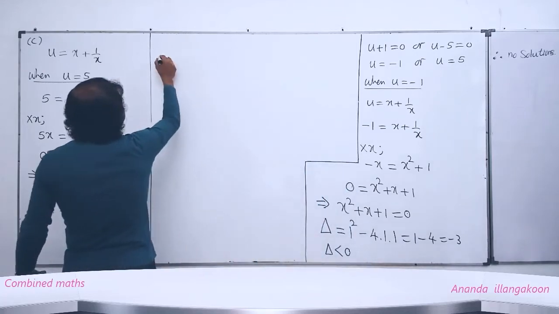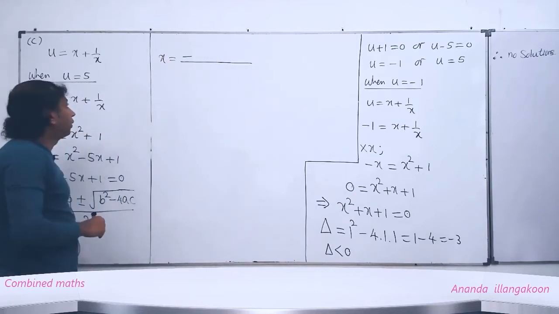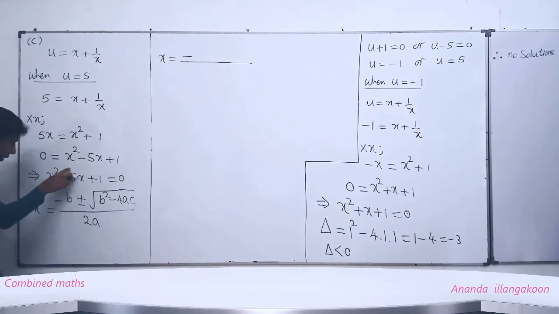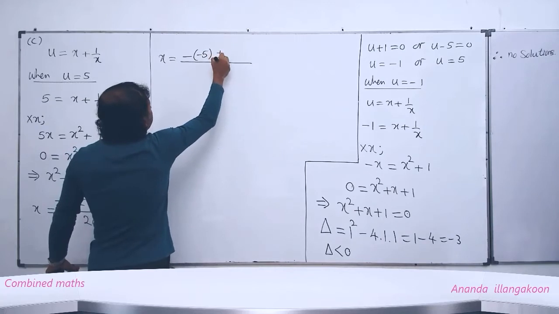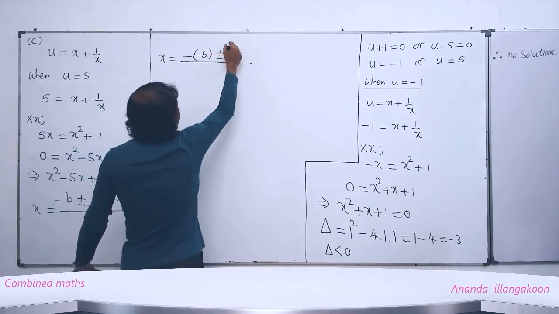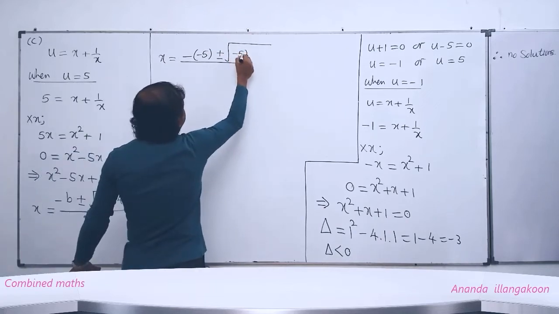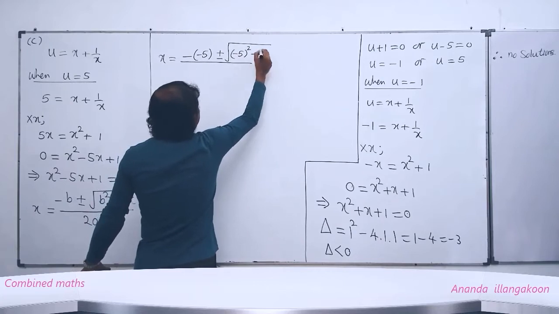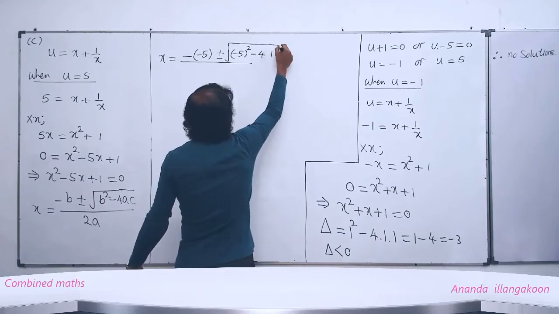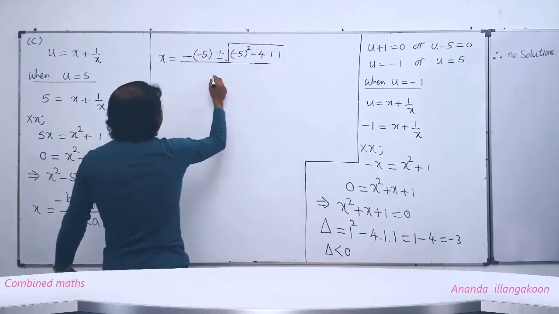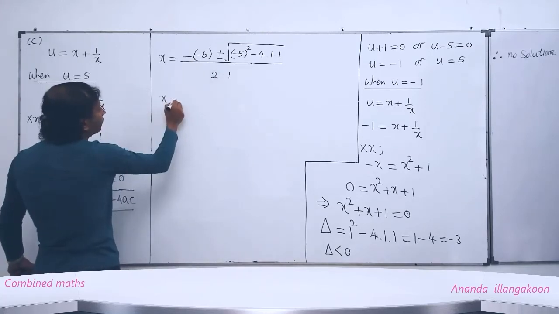x equals minus b. b means the x coefficient. It is minus 5. Plus or minus square root of b squared, 5 squared, minus 4. a is 1. c also 1, people. Divided by 2 multiplied by a, which is 1. Then here minus minus plus.